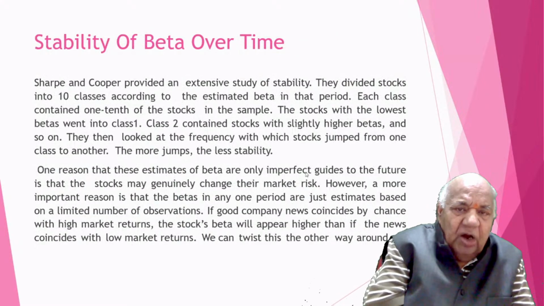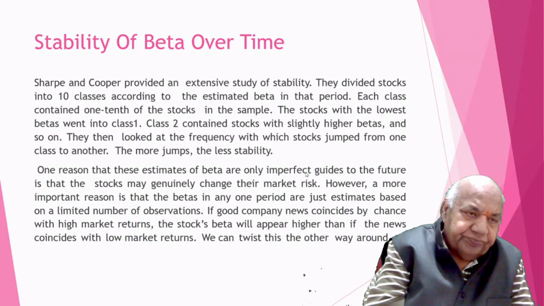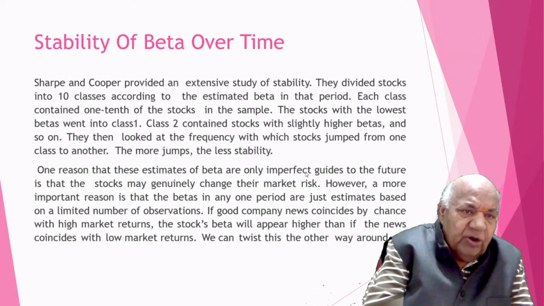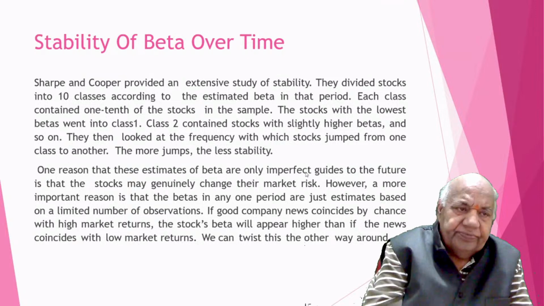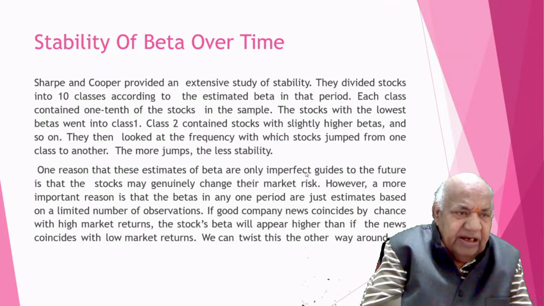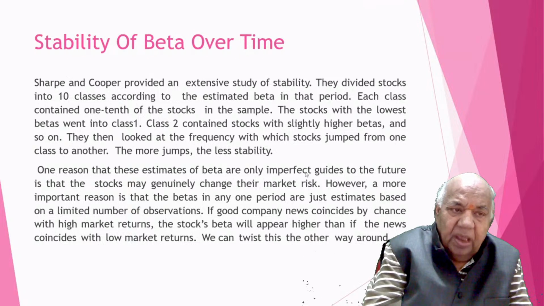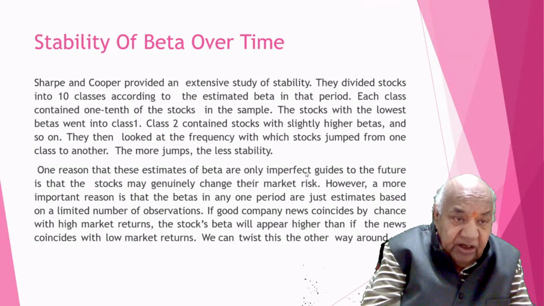Stability of beta over time. Sharpe and Cooper provided an extensive study of stability. They divided stocks into 10 classes according to the estimated beta in that period. Each class contained 1/10 of the stocks in the sample.